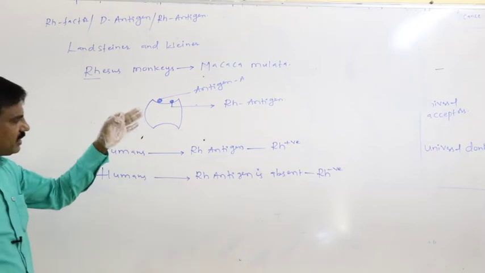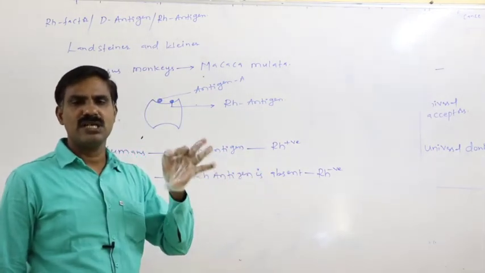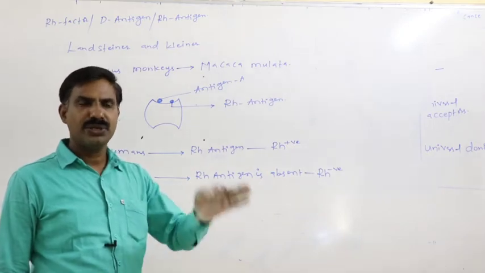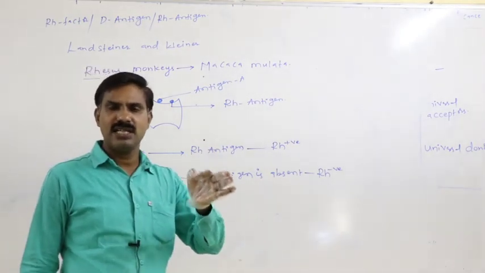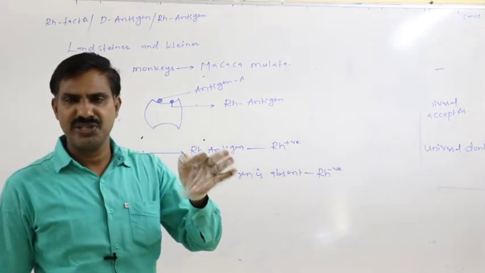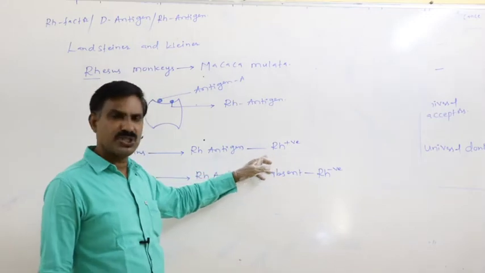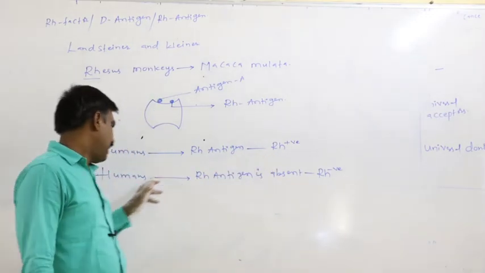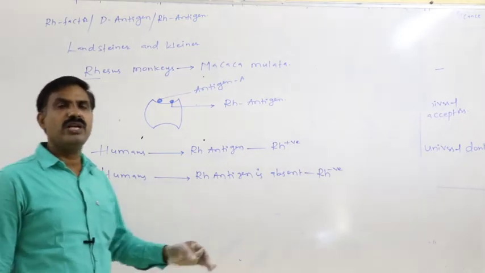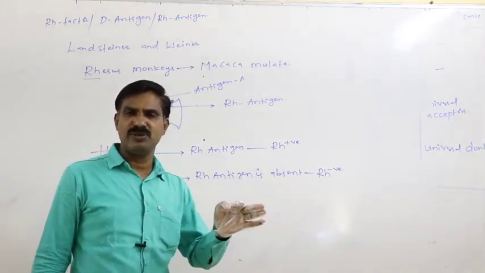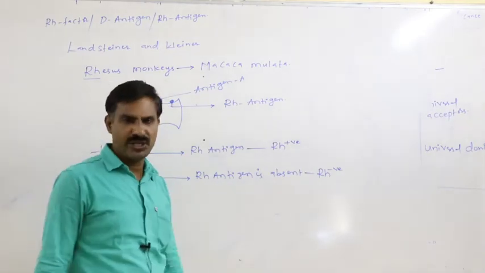The humans who are with Rh antigen on the surface membrane of the RBC in addition to the normal antigen are said to be Rh positive persons. Otherwise, on the surface membrane of the RBC only the normal antigen is present but not the Rh antigen. They are said to be Rh negative.